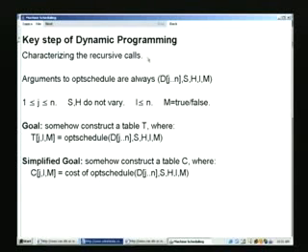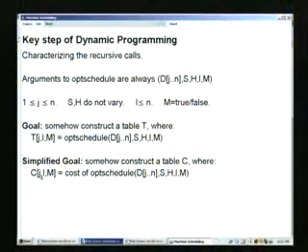Okay. So we are now going to work with this table, and what dynamic programming requires us to do is to figure out how entries in this table depend upon each other. So in other words, if the entry C(j, i, m) has to be filled, assuming the remaining entries are full, what is the exact computation that needs to be done?